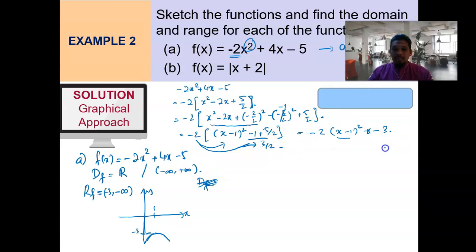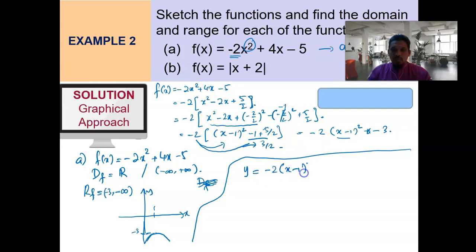So now class, let's say we would like to find the domain and range using the algebraic approach. So we write down the function f(x) here. y equals, as we have already shown with the completed square process, -2(x minus 1) squared minus 3.